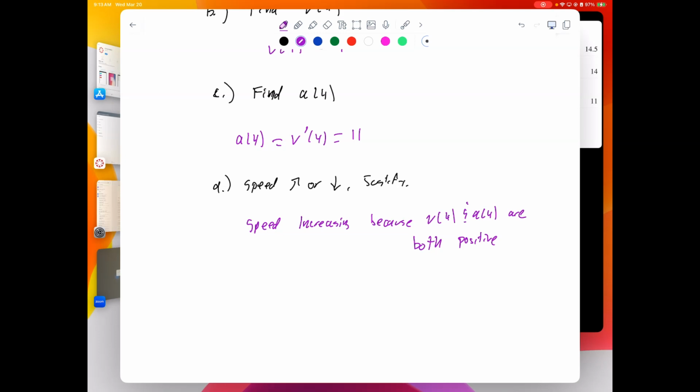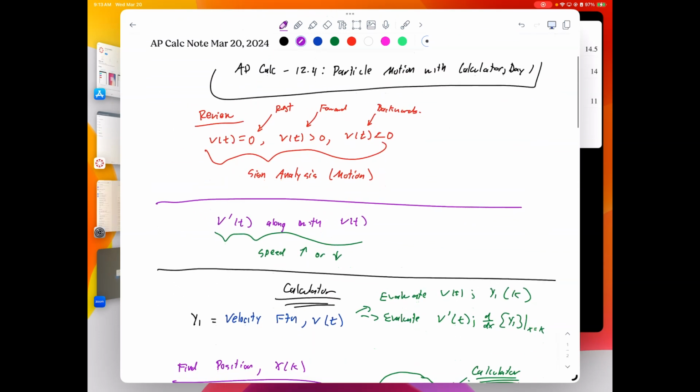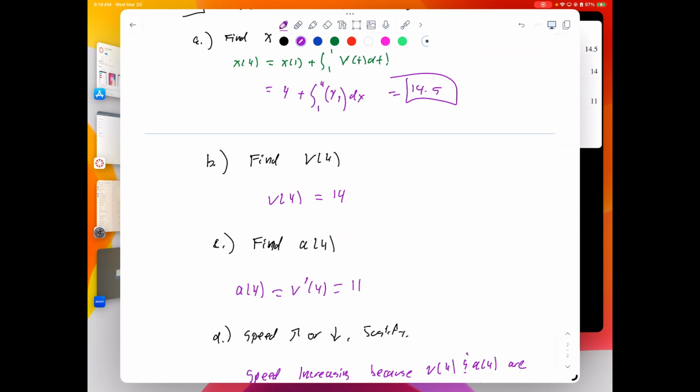Oh, this is 12.5, huh? Is it 5 or 4? Yeah, it's 5. Particle motion calculator. What's the name of it? Particle motion of the calculator.